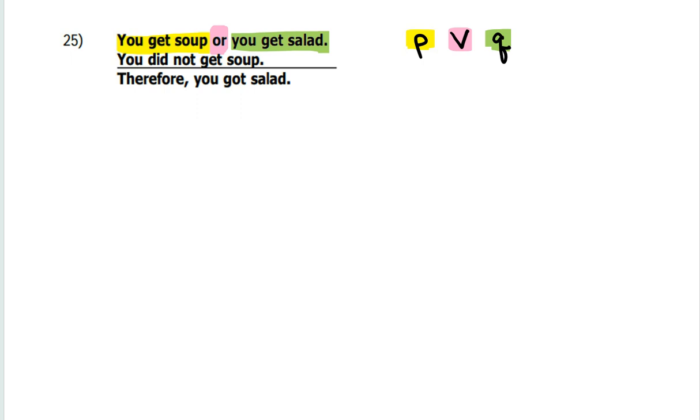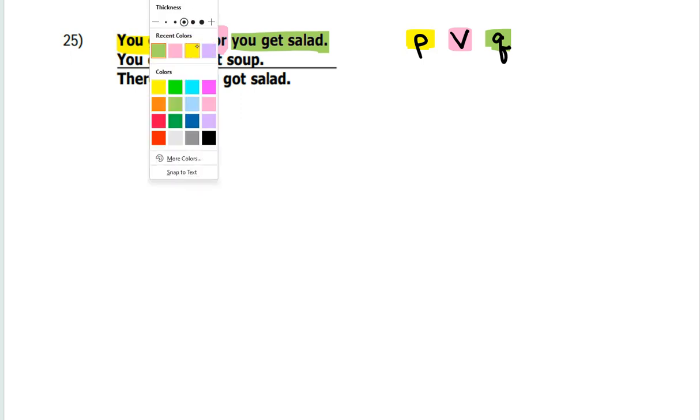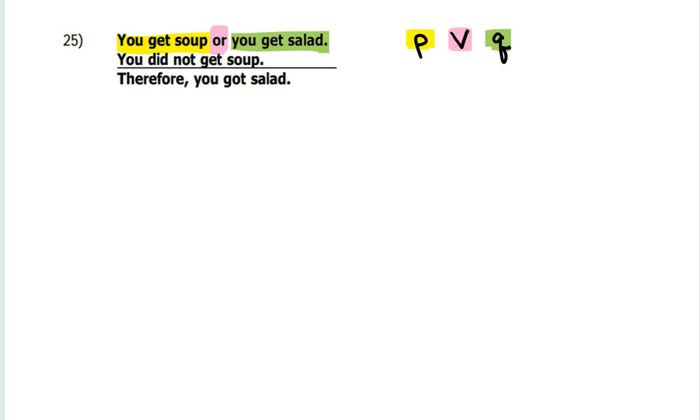Now, the second one says you did not get soup. You get soup is the letter P. However, we have put a did not get soup, which means we've negated it.